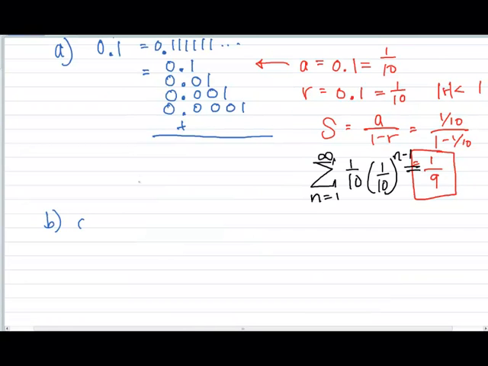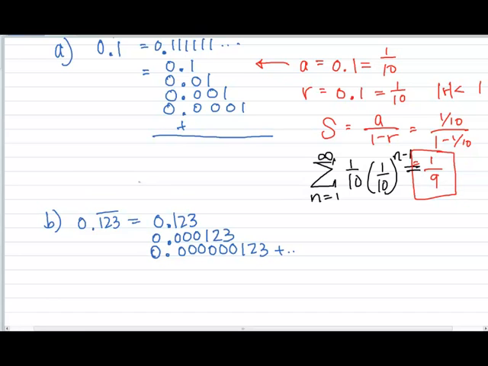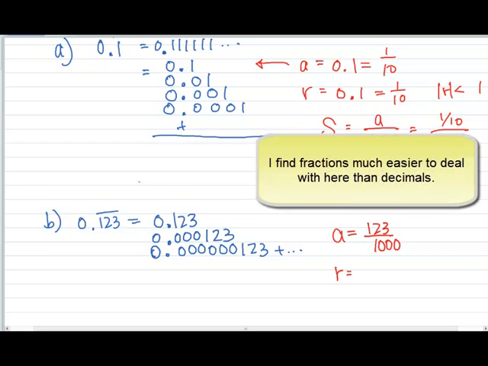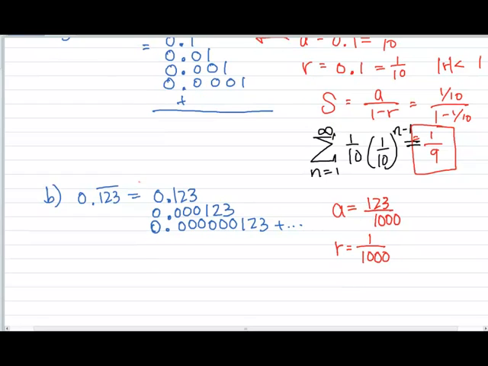Let's take a look at one more. 0.123 repeating. Let's try to figure out what the first term should be and what our common multiplier is going to be. Because for that to repeat, we have to have 3 zeros every time and then a 1, 2, 3. So that means our first term is 123 over 1,000, and our common multiplier is 1 over 1,000 to move the decimal place over 3 times.